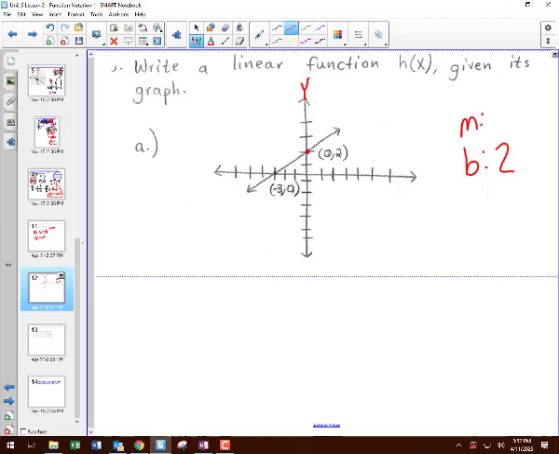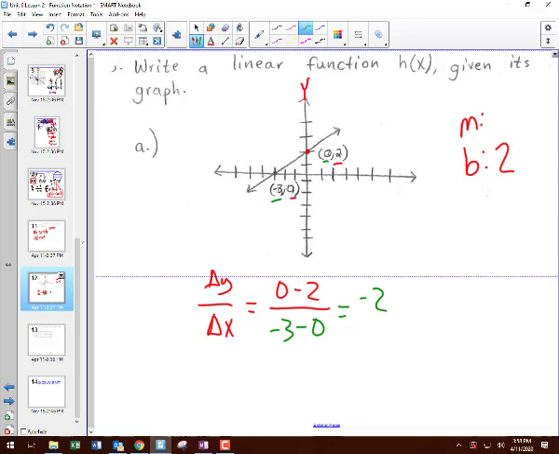Now, how do we find the slope of this? It's the change of the y's over the change of the x's. That's going to be 0 minus 2, 0 and 2, divided by negative 3 minus 0. 0 minus 2 is negative 2.